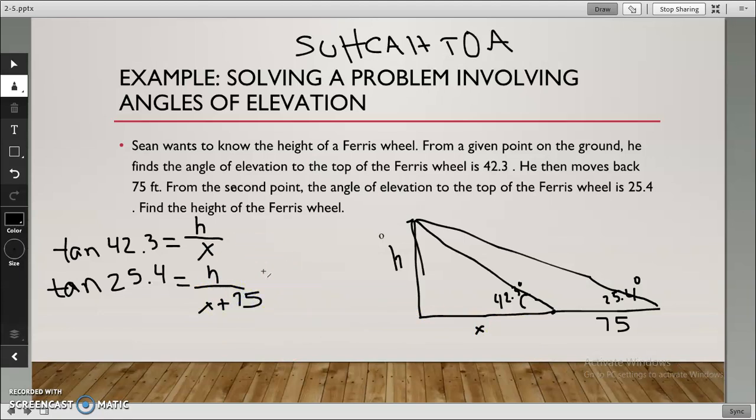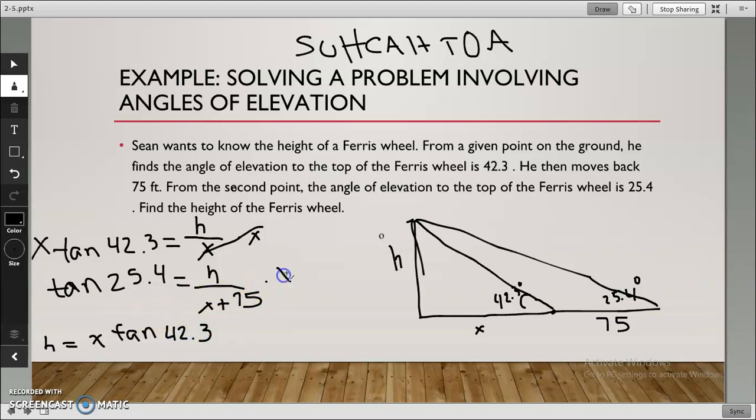So really right now we have a system of equations. We have two unknown variables that we have to solve for, so that's why we have our two equations, and we can actually find it. So I think we should solve both of them for h. If we solve both of them for h, then we can find out what x is. So I'm going to multiply both sides by my denominator. For this one, I multiply both sides by x, and so h would be equal to x tangent 42.3.